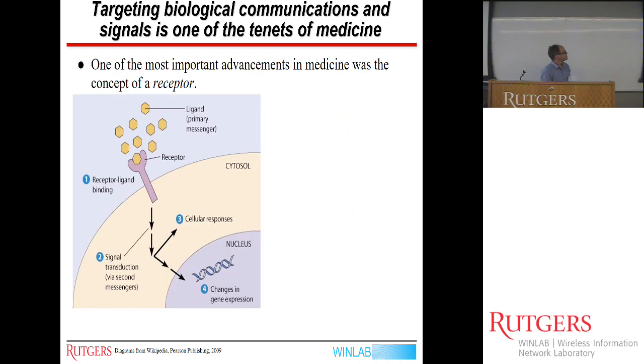Taking some diagrams from a standard textbook, what's interesting is that it's not quite as simple as the previous diagram. This receptor initiates a long process we call transduction. For those of us who are communications people, it's a network. It's not simply a signal that gets released and goes on to the nucleus.